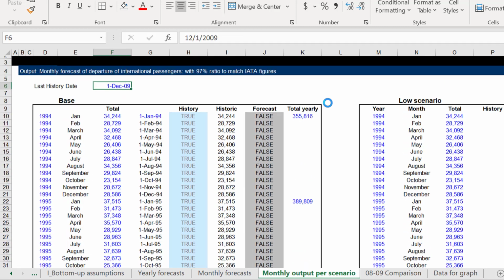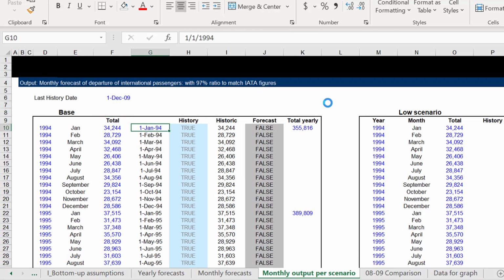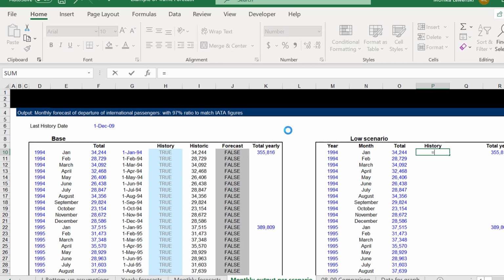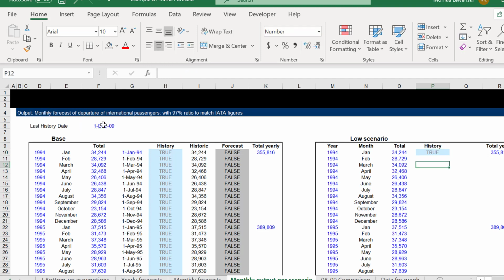And they didn't have a graph that compares the history with the forecast. So up here, I suggest you take this date and you put a little true or false, and you say when this date is less than or equal to the last historic period, you just put this.